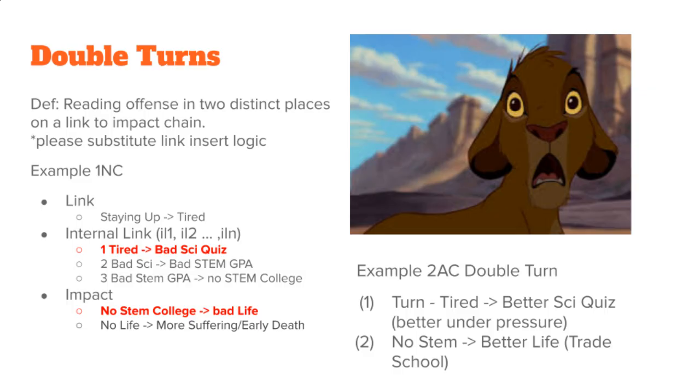A double turn happens where you have multiple turns on a sheet of paper. So rather than just turn one component, I've turned multiple components. The reason why that's bad is if you add them up, you end up supporting still the other team. So for example, if I don't stay up all night, my math score goes up now.